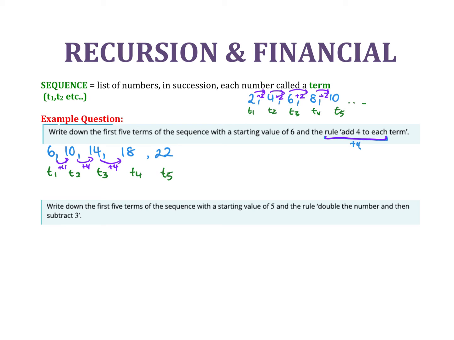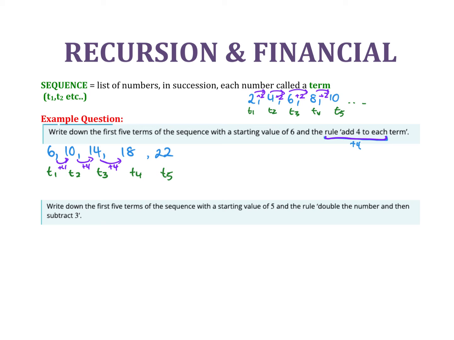We start off with our original amount and we gain interest on a regular basis. So that's how it looks like terms: term 1, term 2 and so on. At the moment, we're just getting used to having a sequence and seeing that we get this rule.